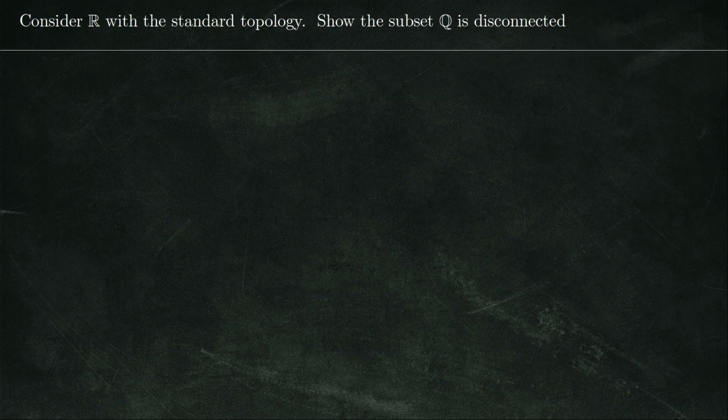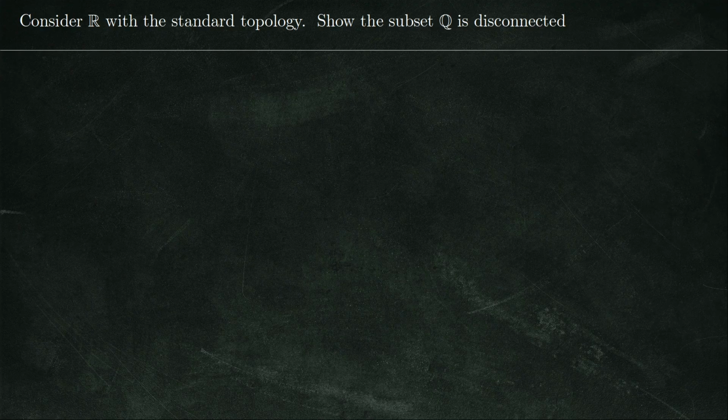Okay, for the next example, we want to show that the subset Q, so that is the subset of rational numbers, is a disconnected set. So on your own, have a think, and then come back to the video. Okay, now you've had a think, I'll go through the solution.